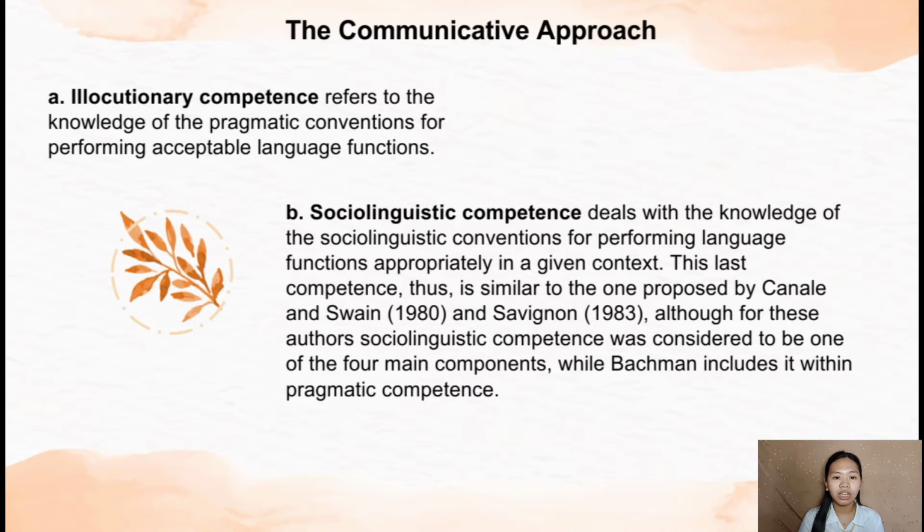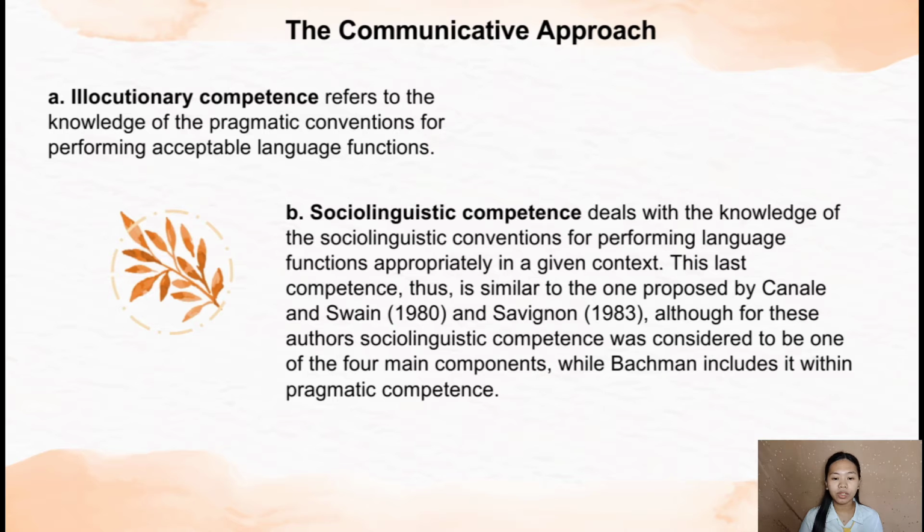Then we have the social-linguistic competence, which deals with the knowledge of the social-linguistic conventions for performing language functions appropriately in a given context.